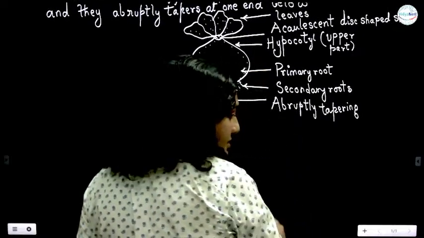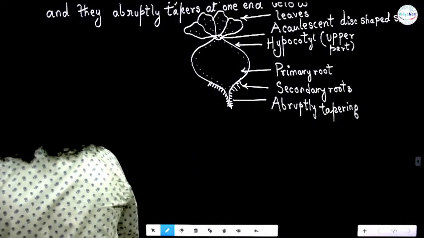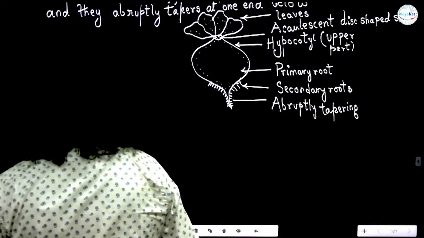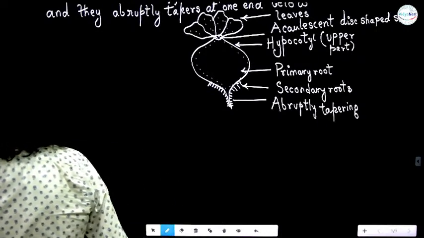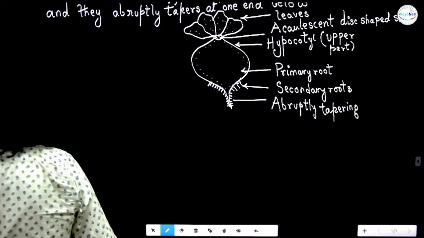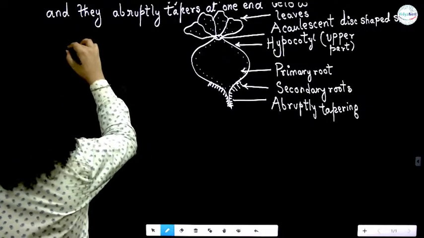Just see the structure and tell me. So this type of root you can find in case of turnip. Below this is napiform. That means it abruptly tapers at one end below. This is called napiform, which is responsible for storage.